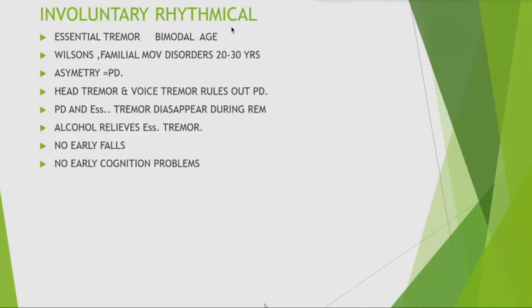If you ask a person to write, what will happen? Essential tremor will continue to be the same when you ask him to write. But in a case of Parkinson's disease, it becomes small letters, called micrographia, and becomes smaller and smaller as he continues to write.